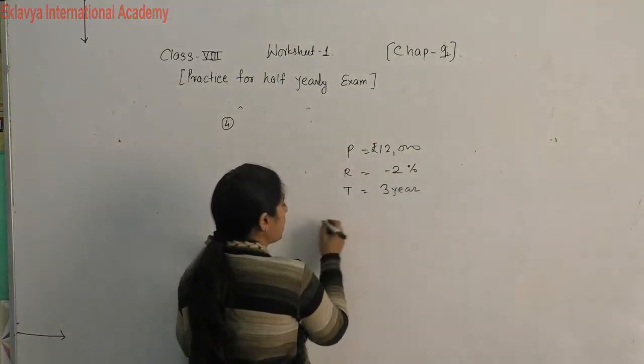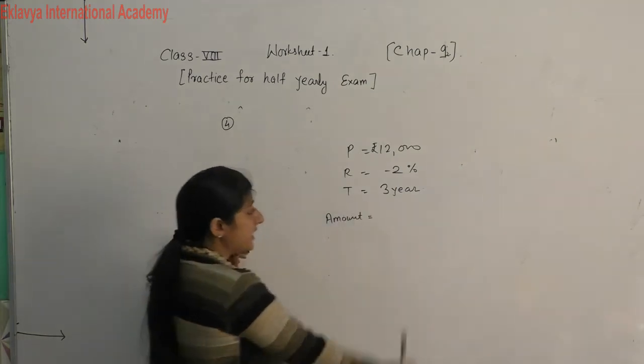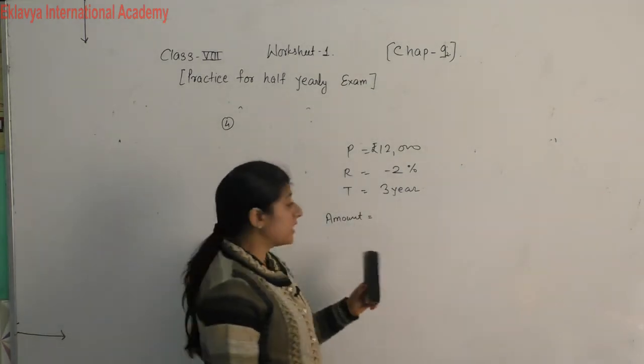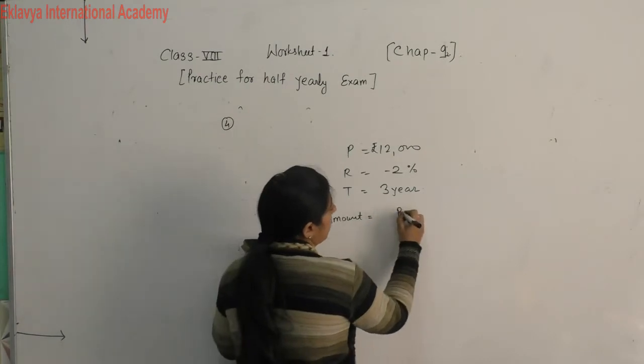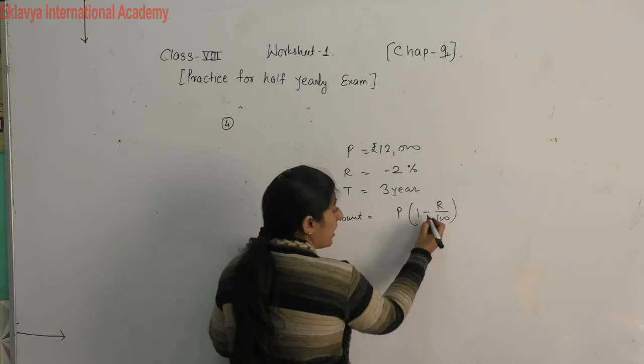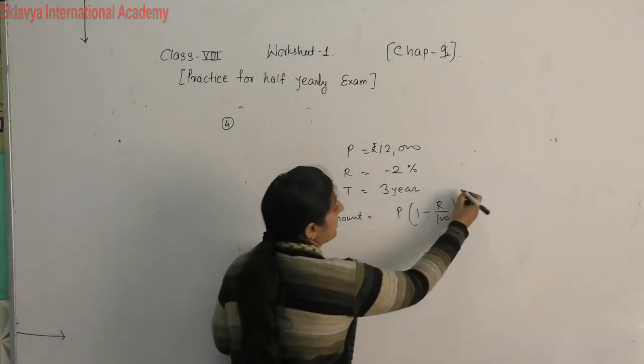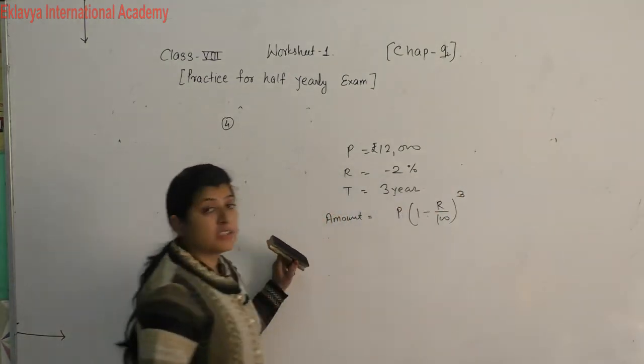Then your formula becomes that amount after 3 years. After 3 years, sale value of scooter becomes P into 1 plus, in place of plus we will take here minus sign because there is a depreciation, power 3.